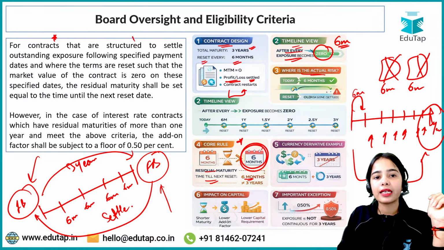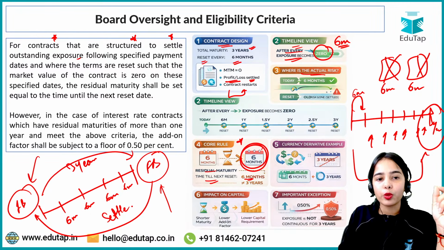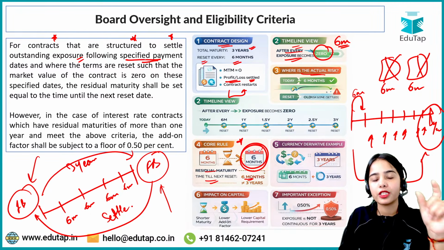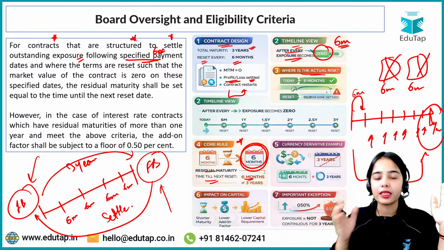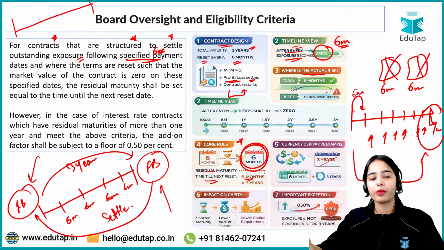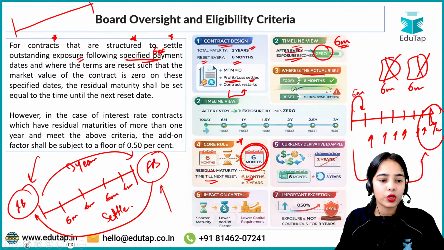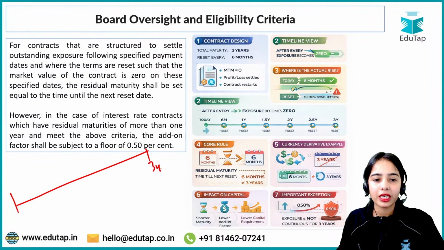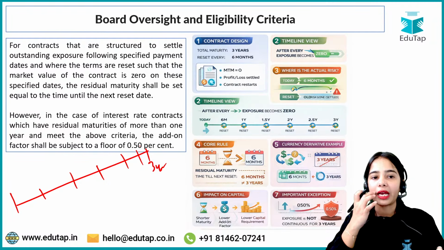So for contracts that are structured to settle the exposure following specified payment dates, the specified payment date is 6 months. If after every 6 months the exposure will be settled, then the contract is not for a very long period of time. Okay. So even though the contract is of 3 years, after every 6 months the exposure is getting settled. So both the banks have some kind of safety.